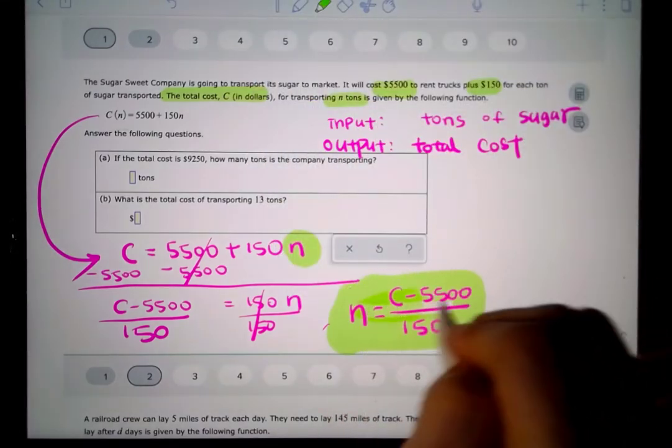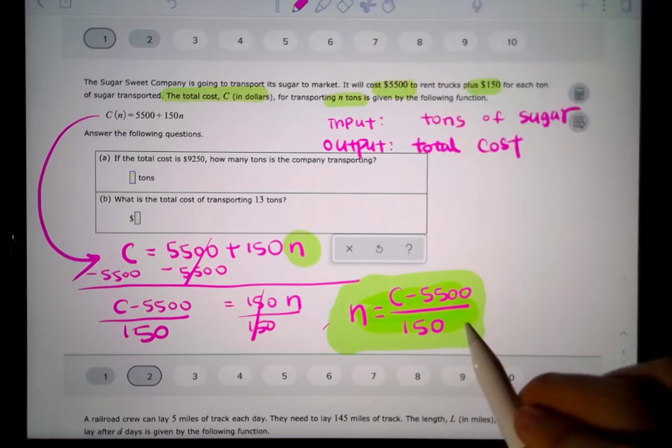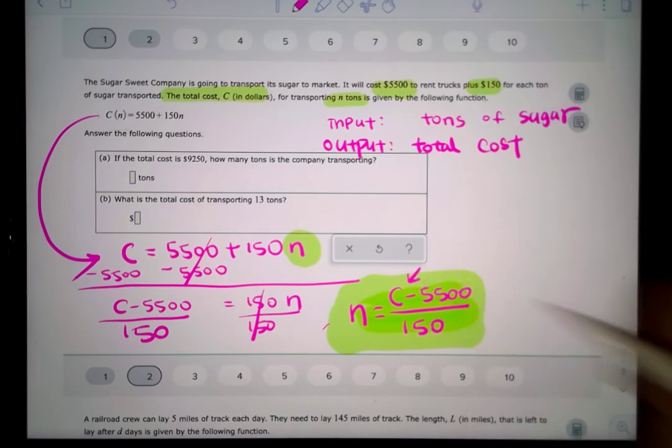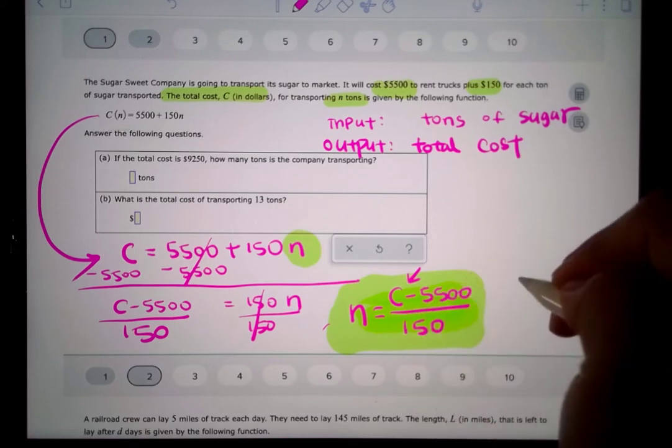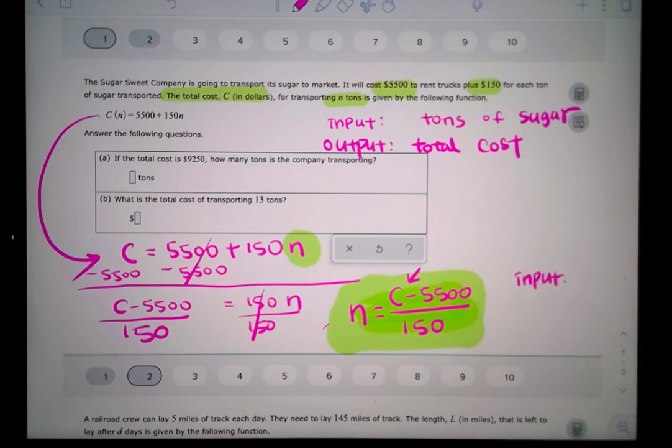Then think about it, guys. From here, what is your input for this inverse function? Your input is C. Whatever number you put in for C, you get the N value. So C is my input, which is the total cost.